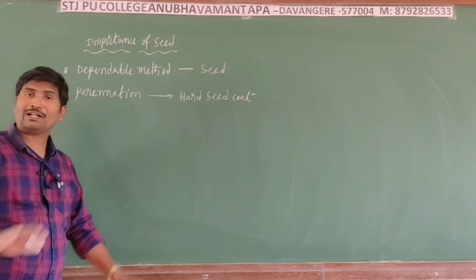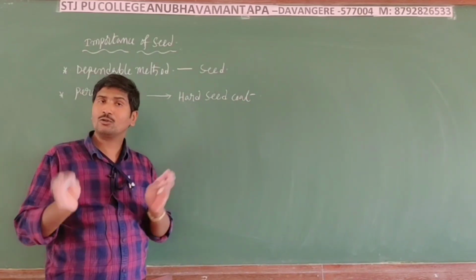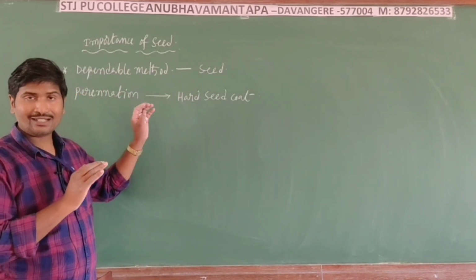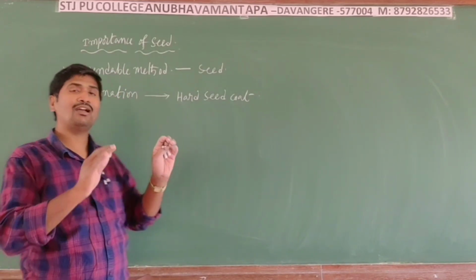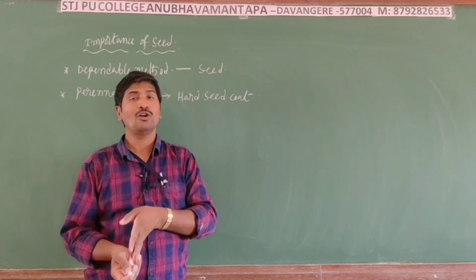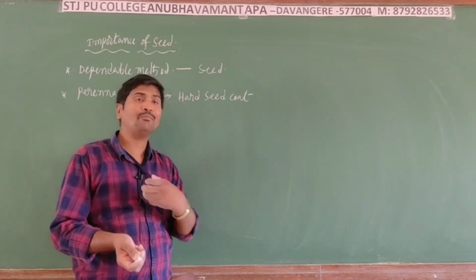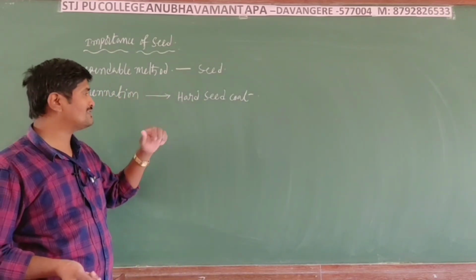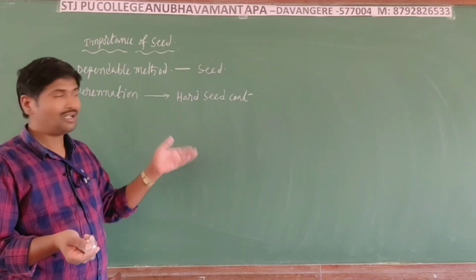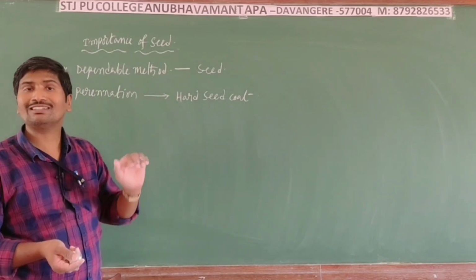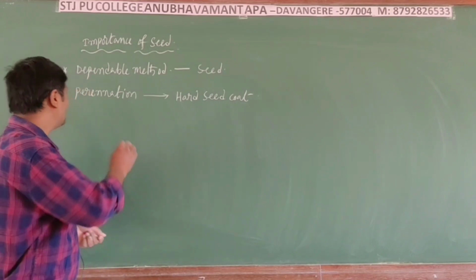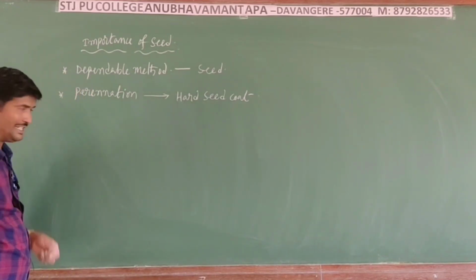The seed survives even in unfavorable conditions. When the favorable condition comes back, automatically the hard seed coat is dissolved, and then the seed starts the germination. Okay, so this is known as the perennation.